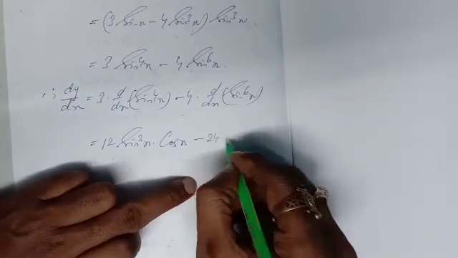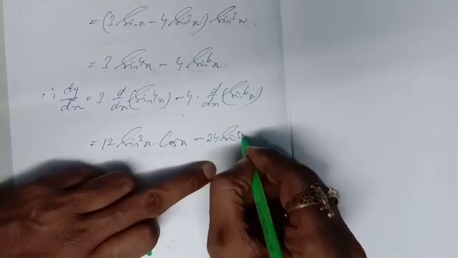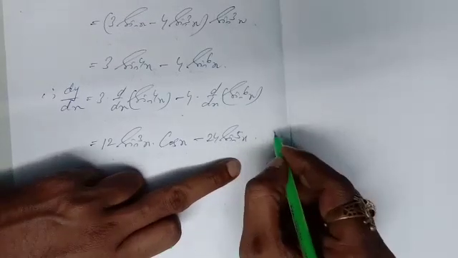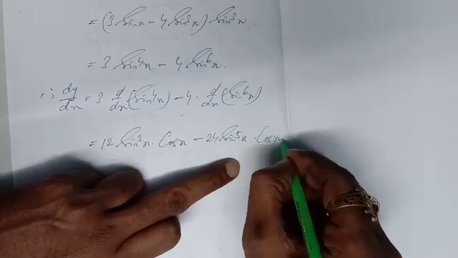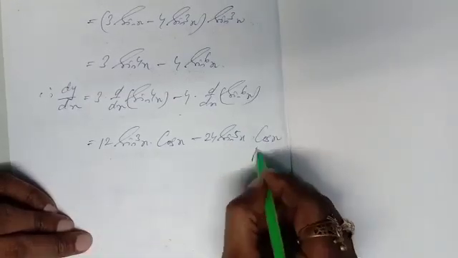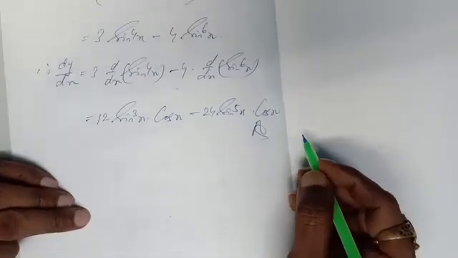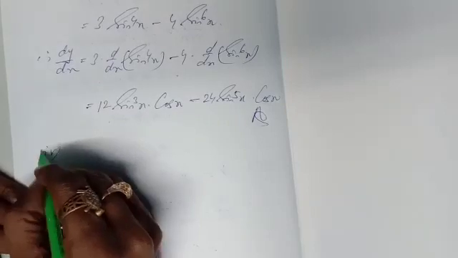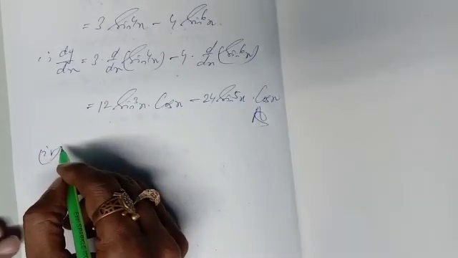Here also the same thing, 6 will come outside, 6 times 4 is 24 sin to the power 5 x, again the derivative of sin x, that is cos x. And this is the answer of number 2, third part.